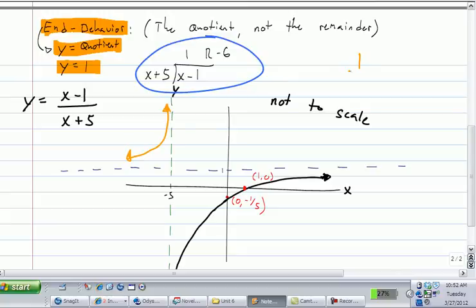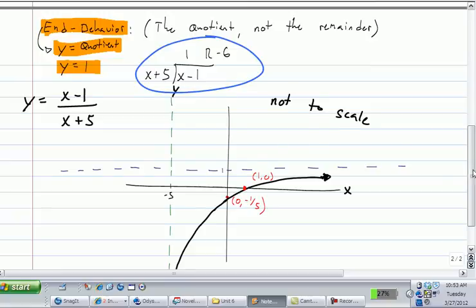Inverse variation, yeah, 1 over x. That's a good guess. I'm going to give you problems where sometimes it'll be the top, sometimes it'll be the bottom.